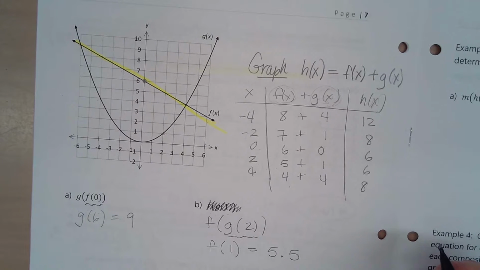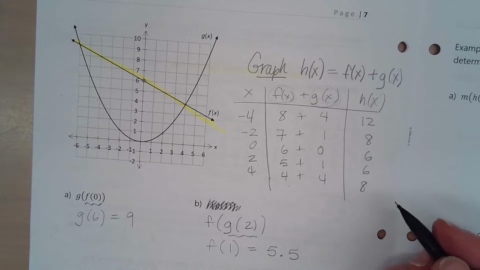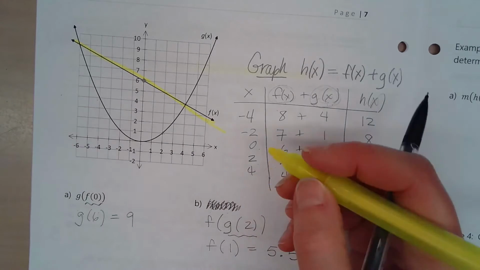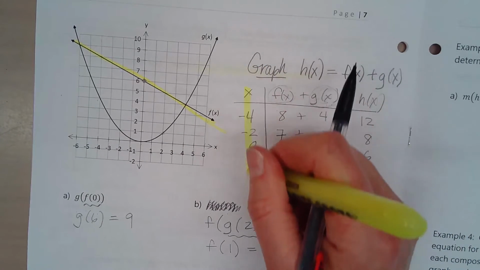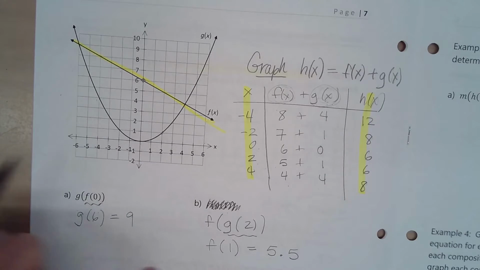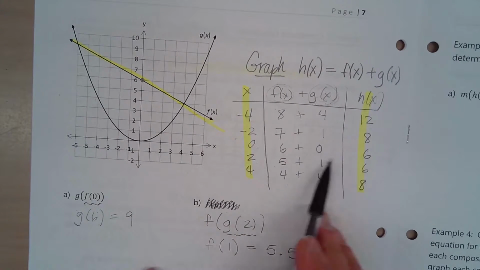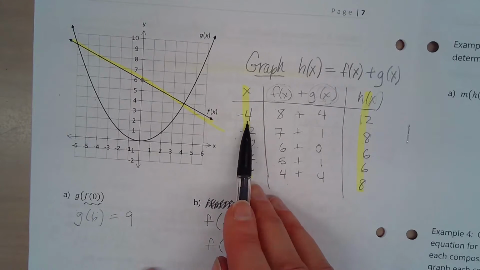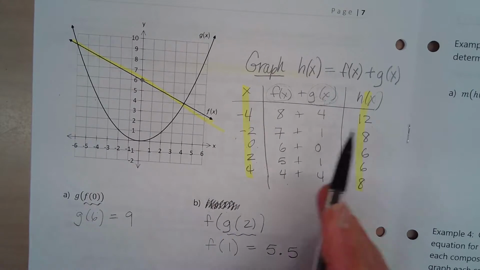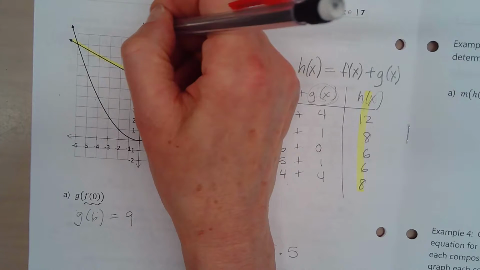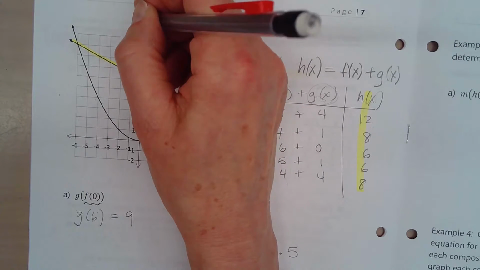Okay? So now I am going to plot these points. Here's my new function. X and y, x and y, x and y, x and y, x and y. So negative 4 and 12. It looks like we'll be off the charts a little bit, so I'm going to add a couple of little marks. Here's my 12.